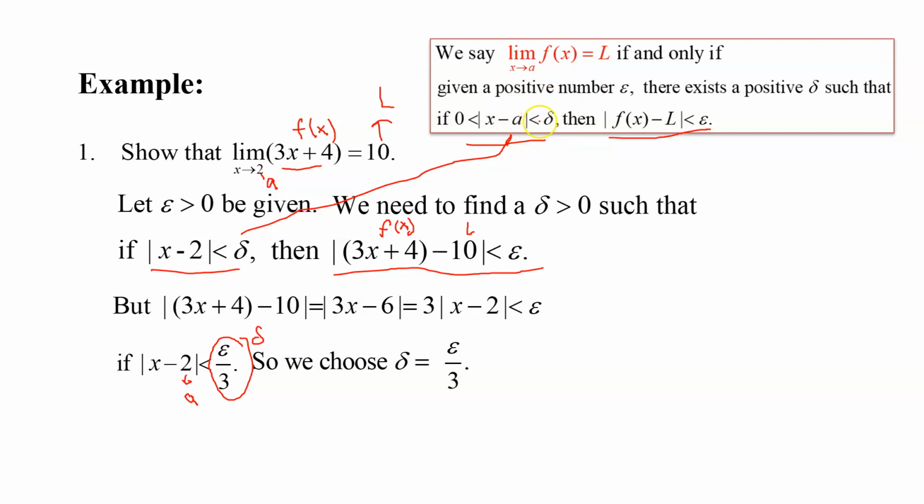So you just put it inside the definition, then you can show it or you can prove it. So that is the answer. You choose the delta equal to epsilon over 3. Okay, that's it about the first subtopic, which is the definition of epsilon delta.